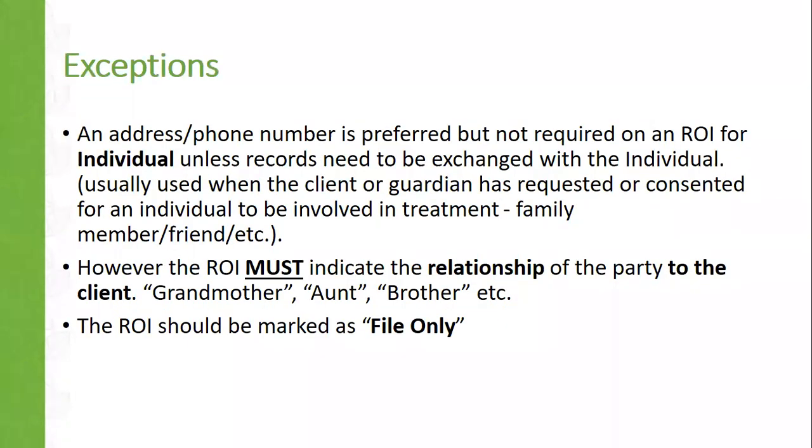Now, I'll hit the exceptions here. An address and a phone number is preferred, but it's not required on a release of information for an individual unless there are specific records that need to be exchanged with the individual.